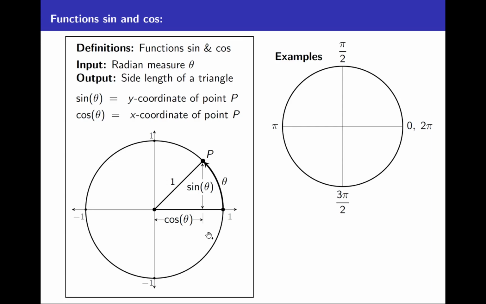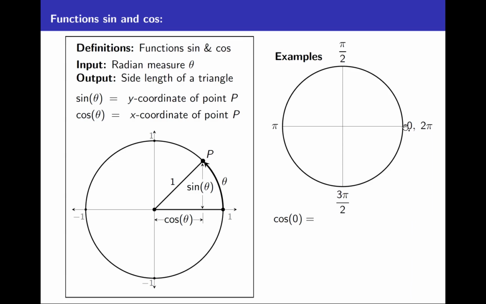Let's look at some examples. We're going to plug in certain elemental radian values into sine and cosine here. Radian values that are multiples of pi over 2, multiples of 90 degrees. Let's start with a radian measure of 0. And let's work out cosine of 0.